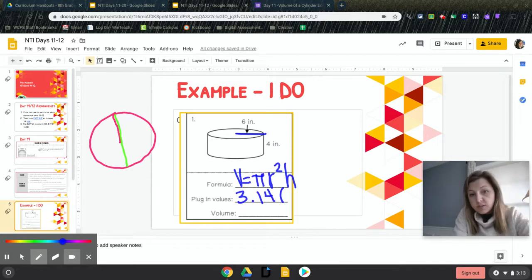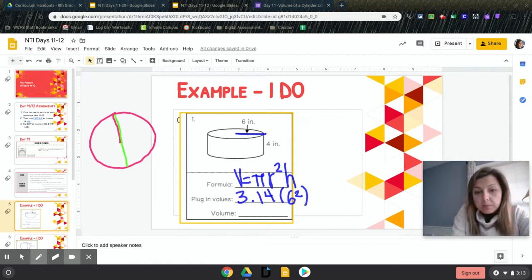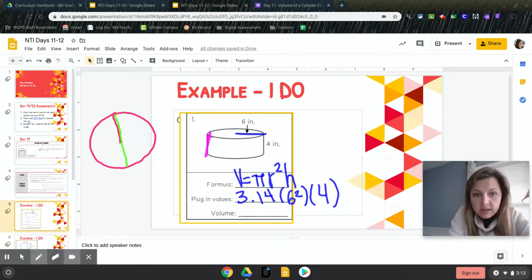All right, so pi is 3.14. R is the radius. The radius is 6, so 6 squared. If you already know what 6 squared is, you could put it. 6 squared is 36. Then you multiply it by your height. Remember, the height is the distance between the two bases. So here's one base, it's the circles.